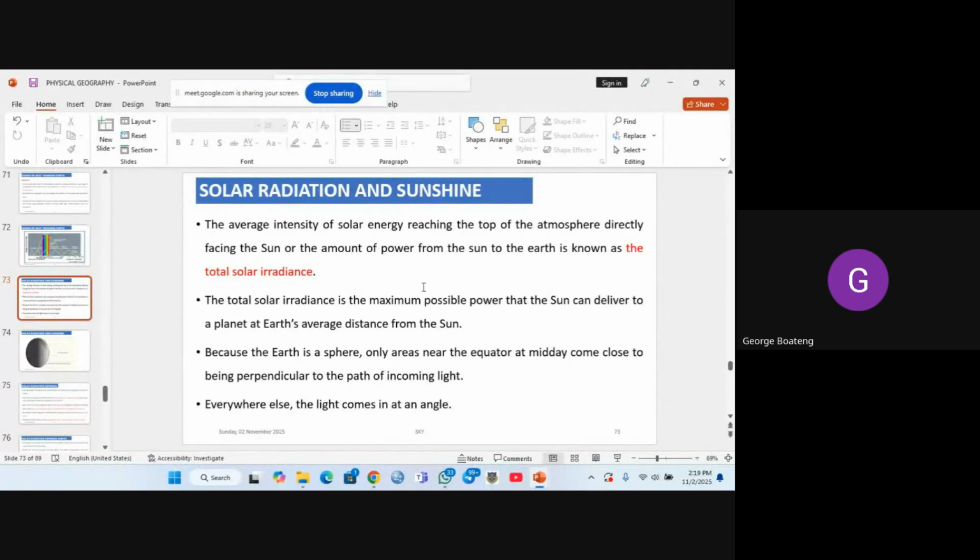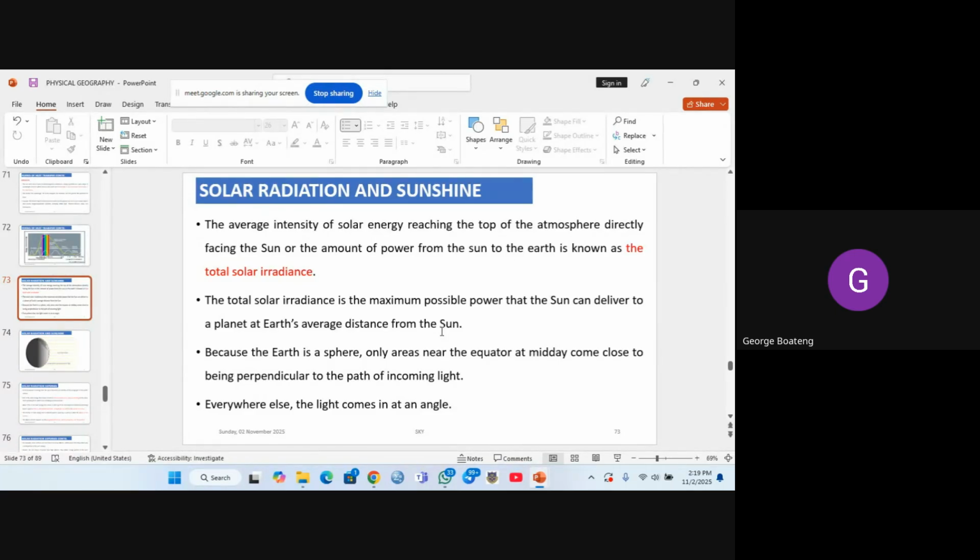Like we have seen, the total solar irradiance is the average intensity of solar energy reaching the top of the atmosphere directly facing the sun. In other words, the amount of power from the sun to the Earth is known as total solar irradiance.